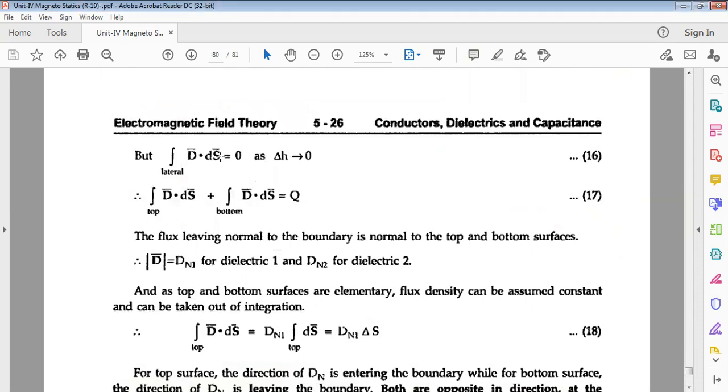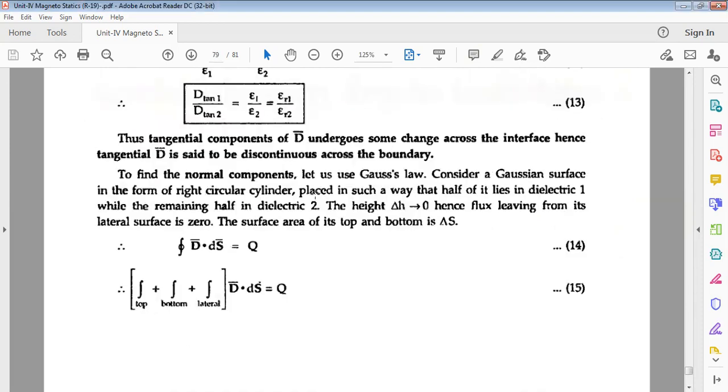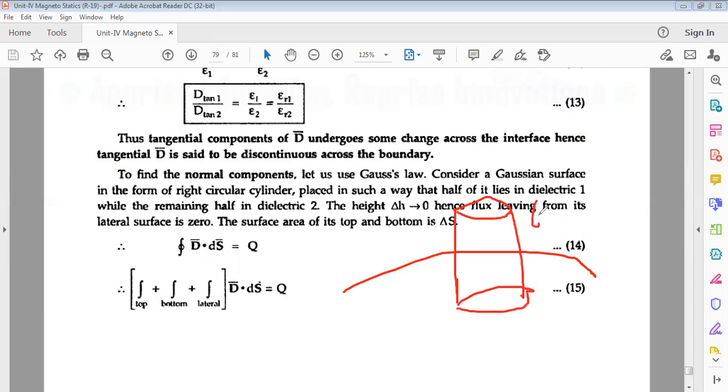So the integral D bar dot ds bar is equal to Q. To find the normal component, let us consider a Gaussian surface in the form of a right circular cylinder placed in such a way that half of it lies in dielectric 1 and half in dielectric 2, across the boundary.